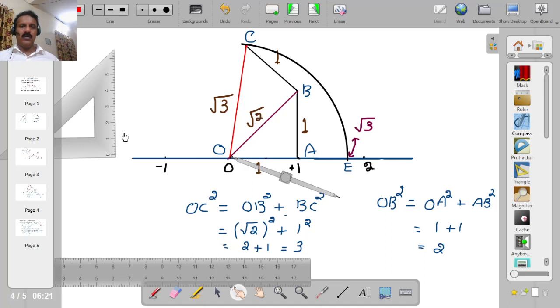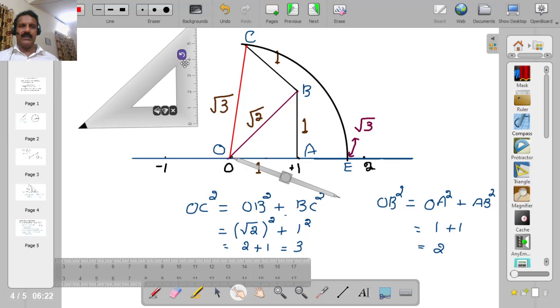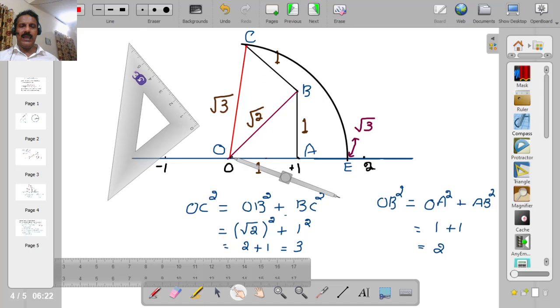Now we will be drawing a line segment having length 1 unit at point B perpendicular to the line OB.